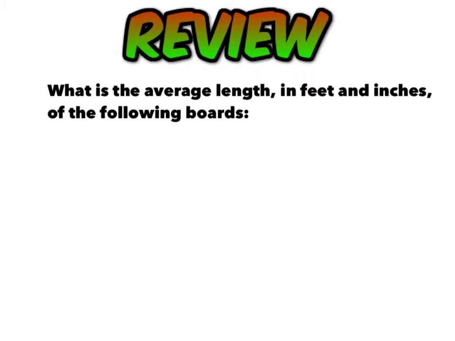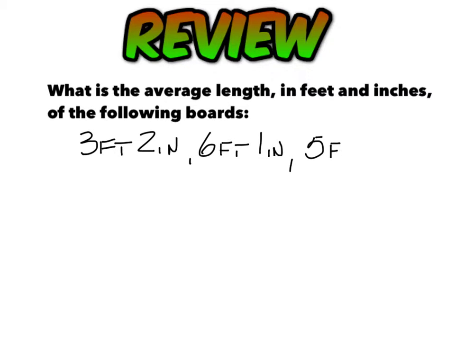What is the average length in feet and inches of the following boards? 3 feet, 2 inches, 6 feet, 1 inch, and 5 feet, 9 inches. What must I do first to find the average length of all of those boards? That's right, you have to convert them all to inches.